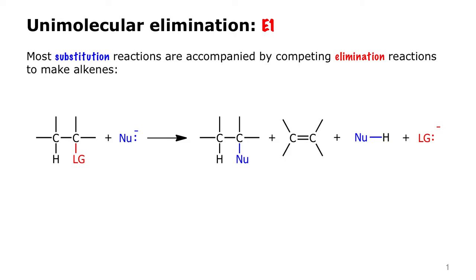And we're going to find that there are two different mechanisms by which that can happen. Both lead to the formation of alkenes, of carbon-carbon double bonds. So our first elimination reaction operates under what's referred to as the E1 mechanism.